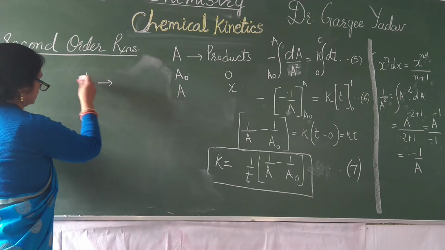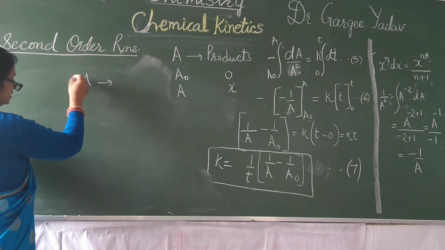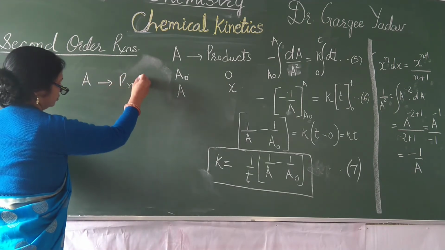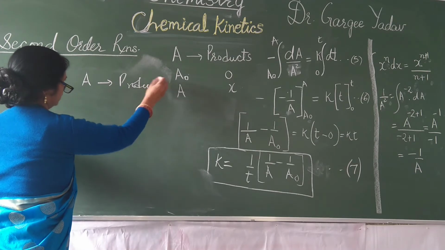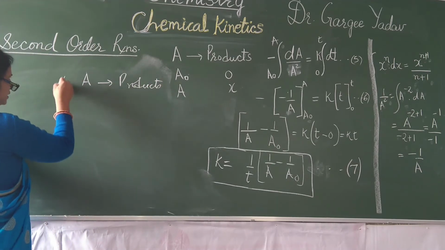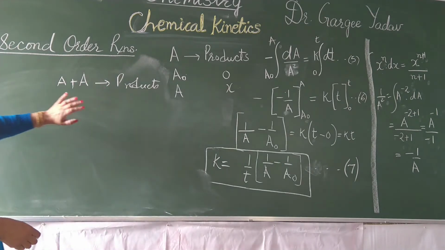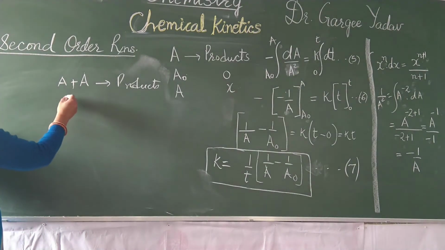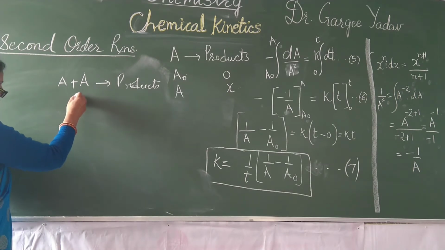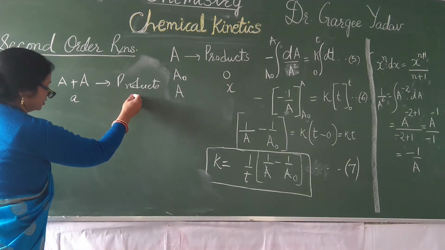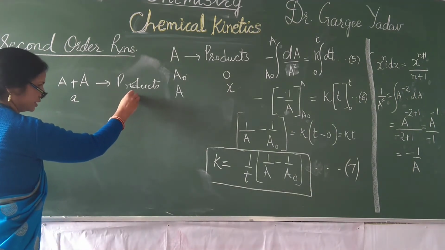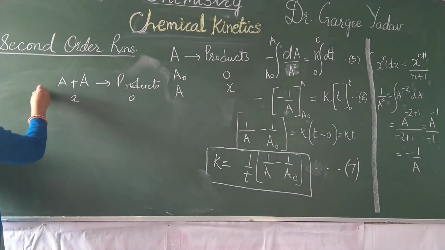Suppose A plus A is forming products, since they have taken it to be a second order reaction, and the initial concentration is A, and the concentration of the products will be 0 when time is 0.